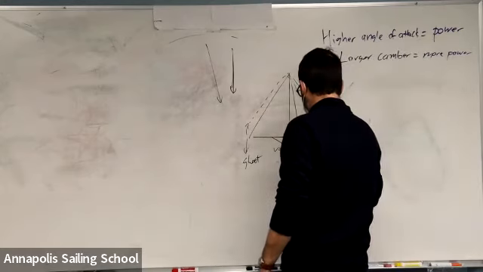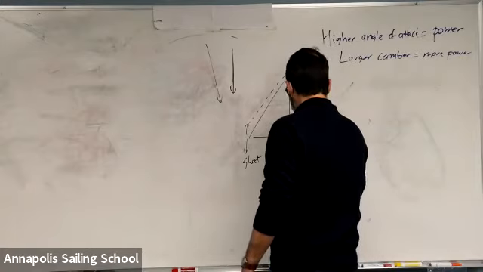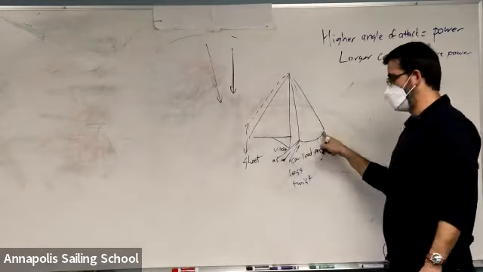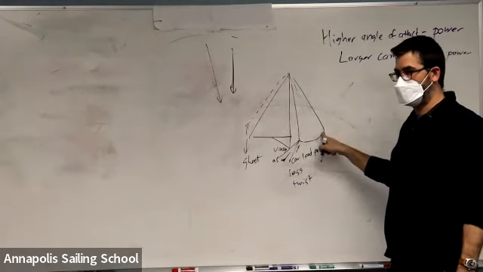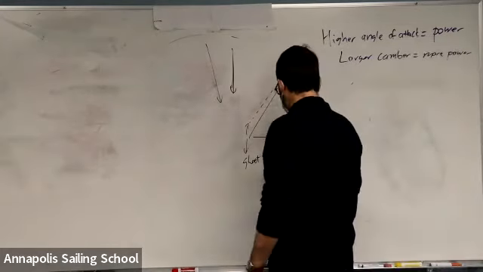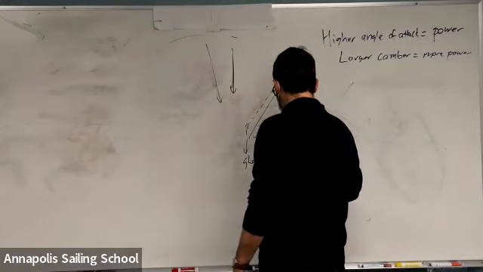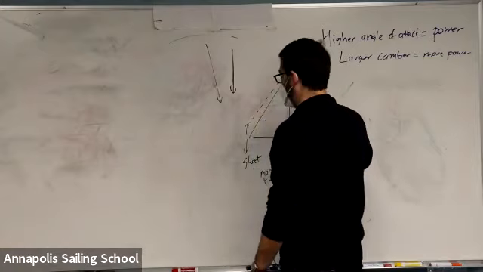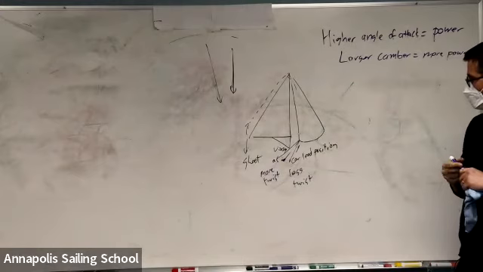So car forward, less twist. Car back, we're pulling more on the foot of the sail, but pulling down less with the same amount of sheet tension. When we pull down less, we have more twist, because we're less able to pull this curve out of the sail. And so these are the controls we have.